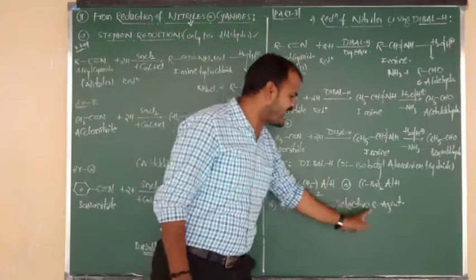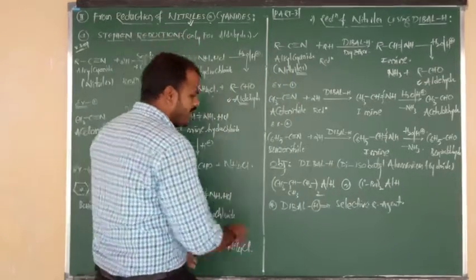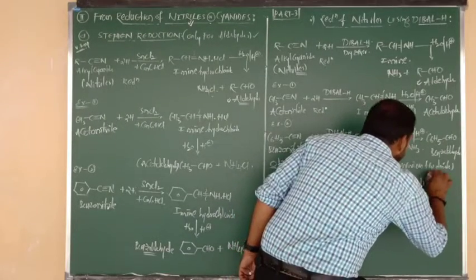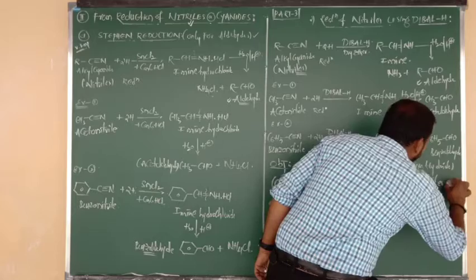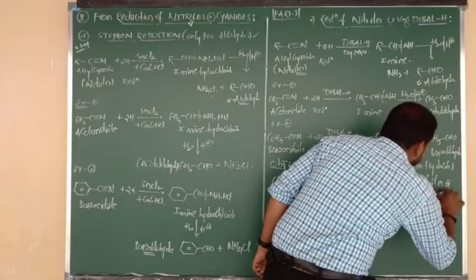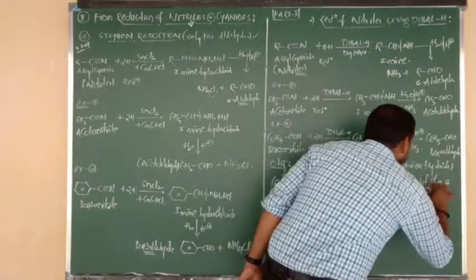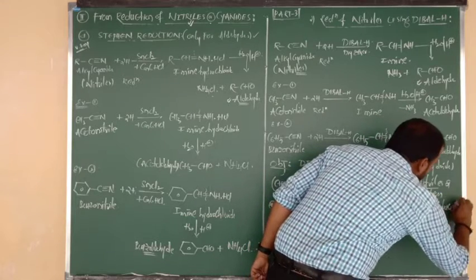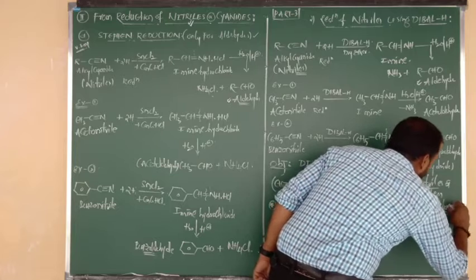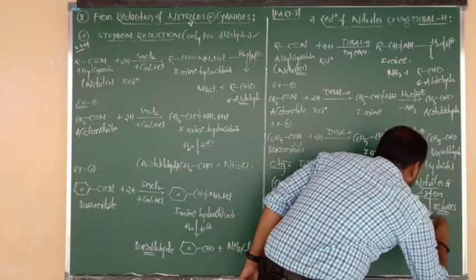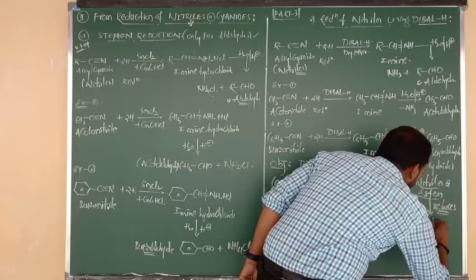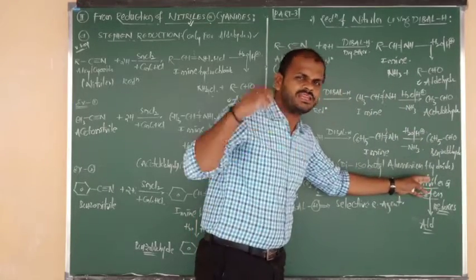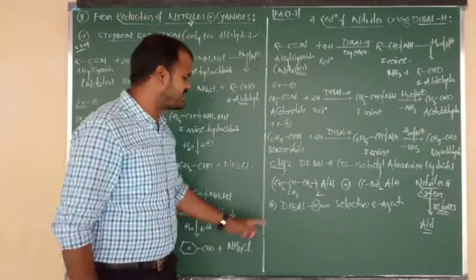That's why we are saying what, beta? Selective reducing agent. So why are they saying selective reducing agent? Because DIBAL-H can selectively reduce one, nitriles, and one more, esters. These two types of compounds are selectively reduced to aldehydes by using DIBAL-H.